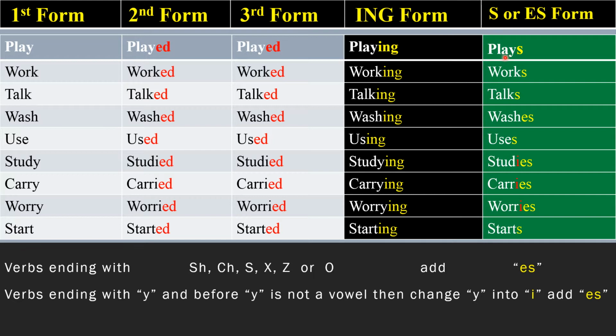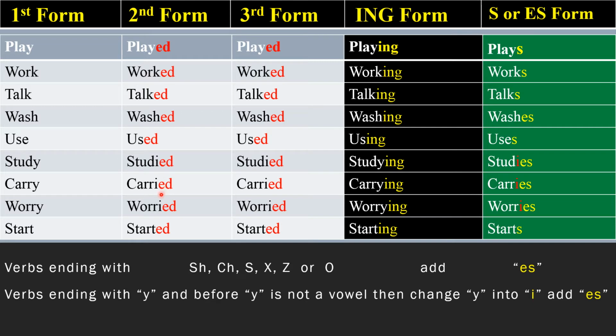So remember this rule, that when Y is having a vowel before it, then Y would not change, but if it is not having a vowel, then Y would change into I, and then ES is added in the case when we talk about S forms. Now in the second form and third form, Y has changed into I, and ED is added.